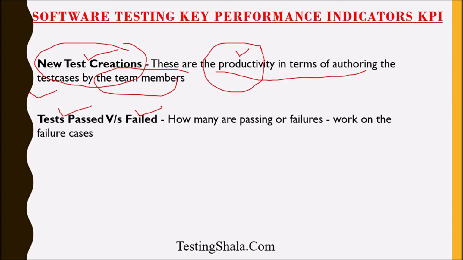And in which areas are we getting more failures? We will have to concentrate more on those areas, working with the development team to understand the root cause, why more test cases are failing in only certain areas. Performance indicators will give the management a clear picture of where the root cause is, where the problems are.